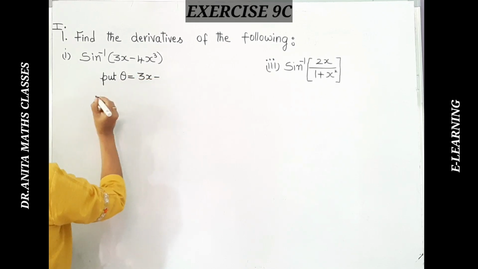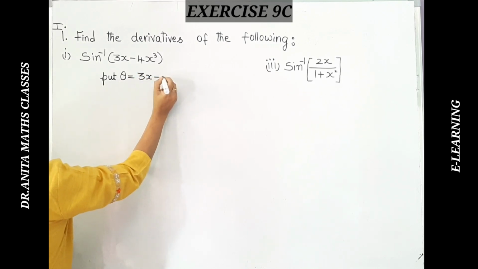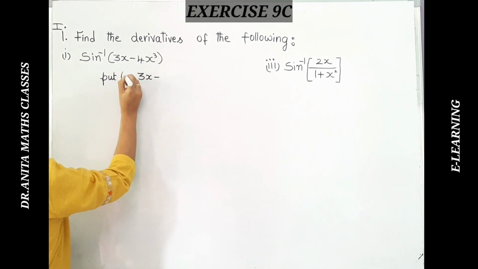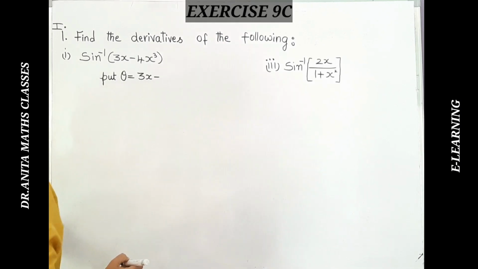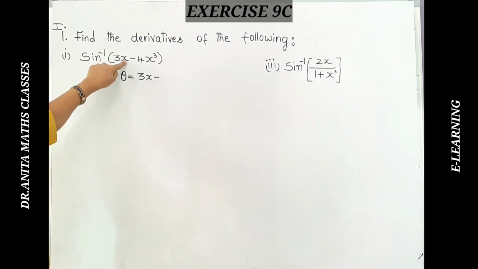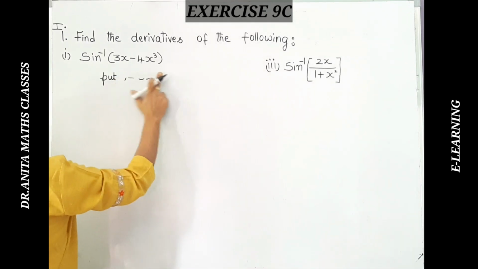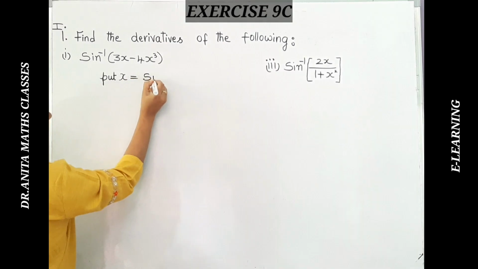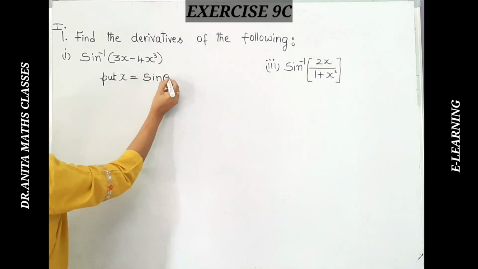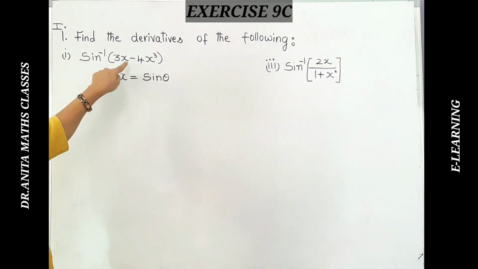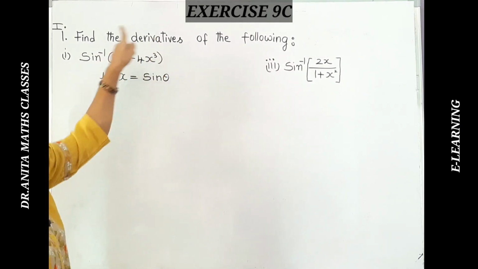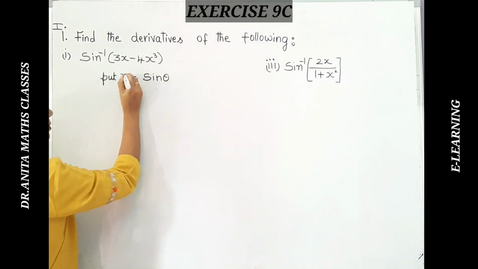Put x is equal to sine theta. We will do that. But x equals sine theta. So if we do that, this becomes 3 sine theta minus 4 sine cube theta. That is nothing but sine 3 theta, isn't it? So let us suppose this.